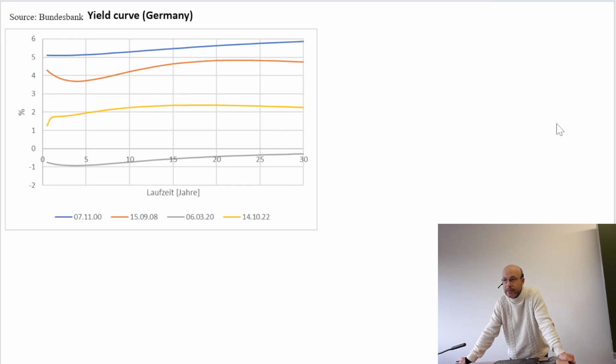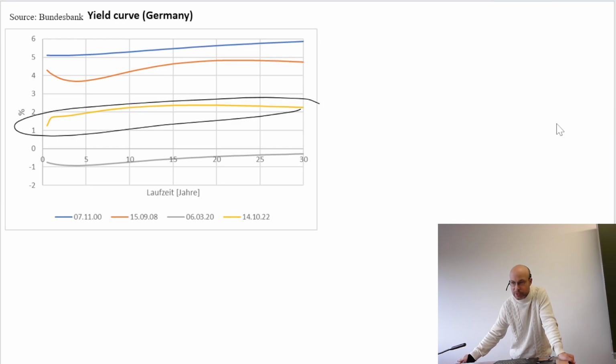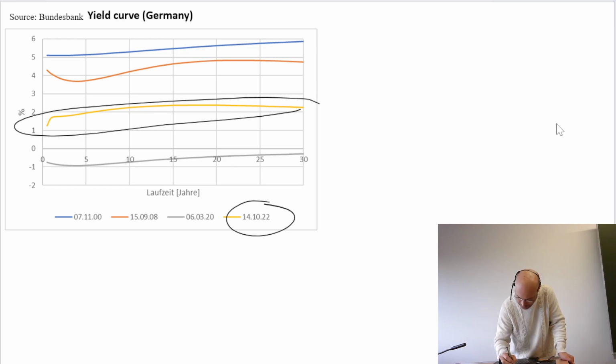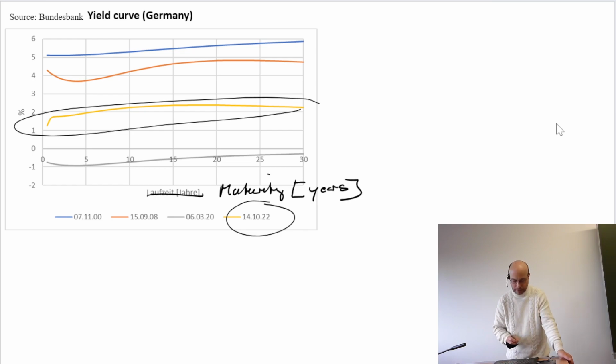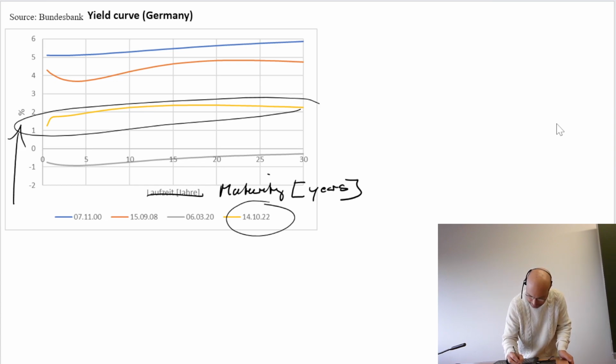These are historical yield curves, and more or less this is almost the actual yield curve of Germany today, 2 weeks ago or 3 weeks ago. Oh, this has to be maturity here. And these are interest rates.